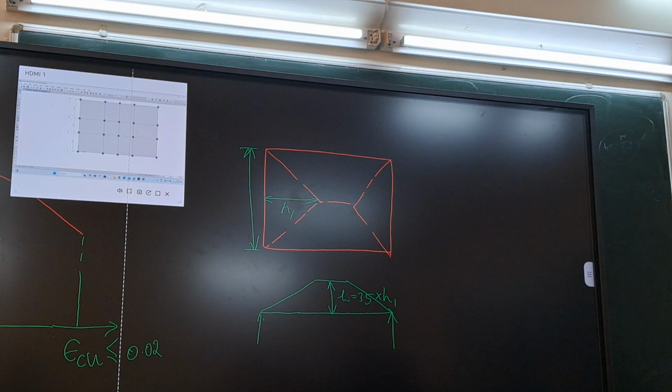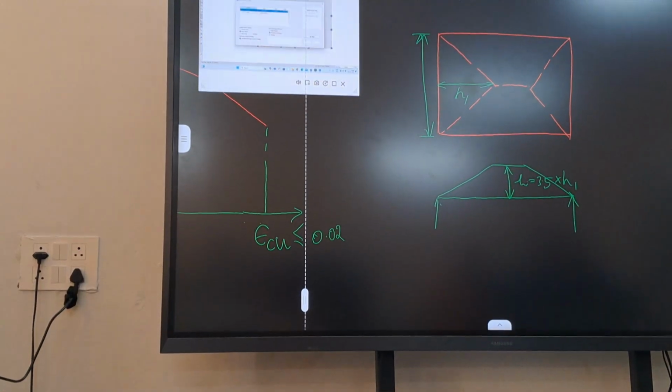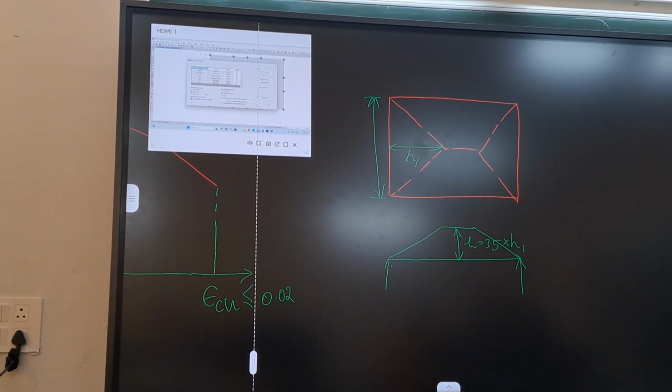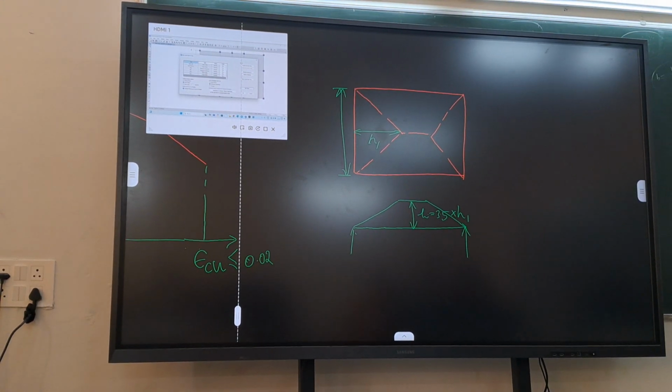Then in failure what I have... Some sections are failing after applying the reinforcement, I haven't shown. Okay. Next we will discuss response spectrum analysis, modal shapes, then how to check drift, all those things.